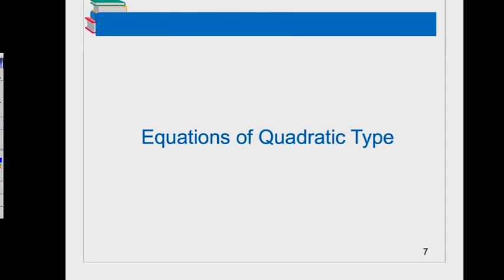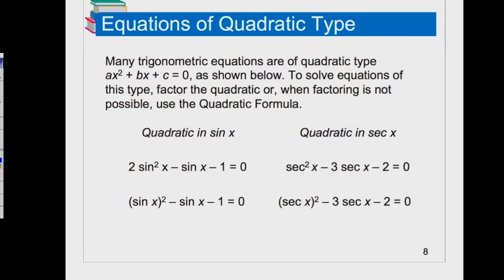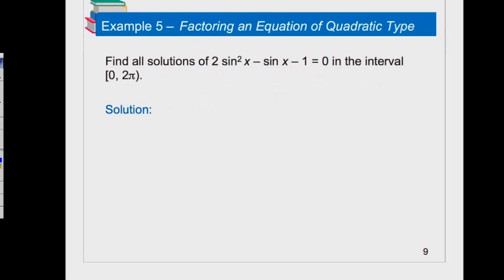Some of the algebra gets a little bit harder. We have equations in a quadratic type like we saw in the previous sections where you had to factor them. Now this is going to be happening in the context of solving. So for example, we have an equation that's 2 sine squared of x minus sine of x minus 1 equals 0. It's not a terribly difficult equation to simplify if we think of sine of x as some variable u.